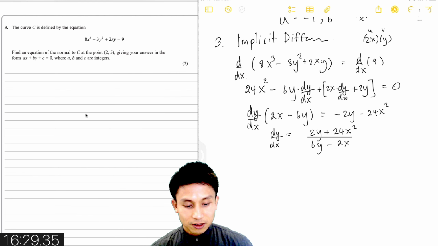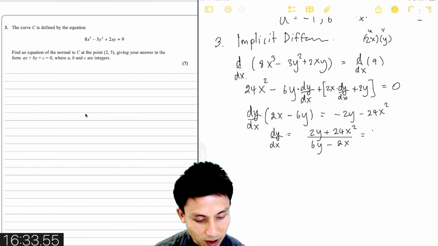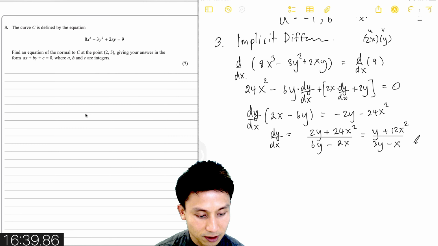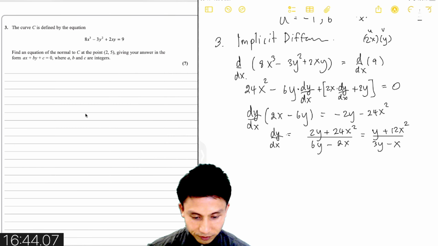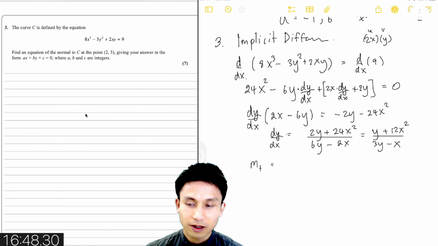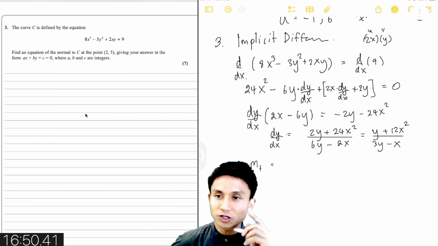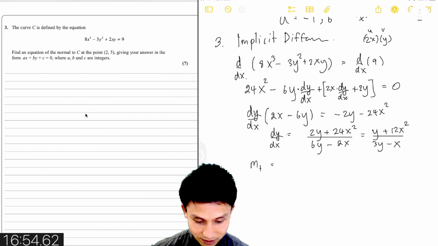And if you want to further simplify that, we can divide everything by 2, so we get y plus 12x squared divided by 3y minus x, yeah? No, that's not the answer yet. So m of tangent would be equal to, we're substituting x and y into our dy by dx to get the gradient, right?